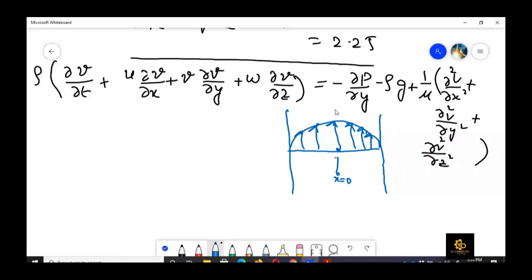First of all, because the flow is steady, partial v by partial t is equal to 0. Then we can also say that u is equal to 0 because that is vertical velocity. And second, partial v by partial y would be equal to 0, because the flow is fully developed in the y direction.